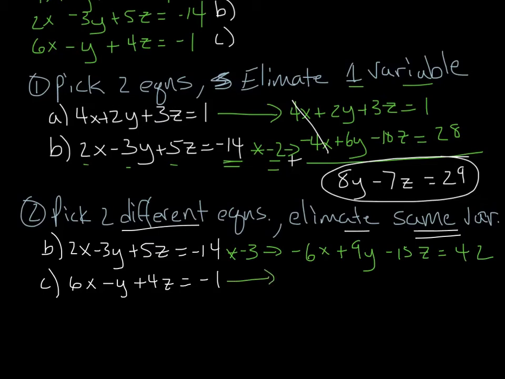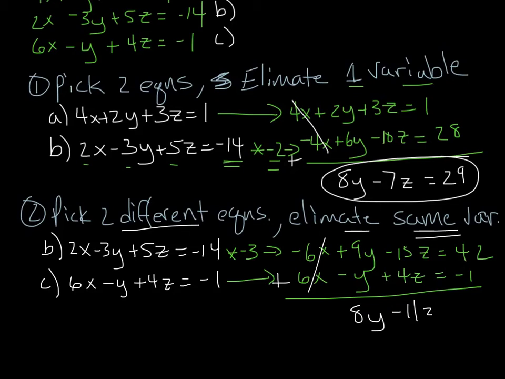And see what that did. 6x, those are the ones that are going to cancel, minus y plus 4z equals negative 1. So the top one I multiply, the bottom one I leave alone. So let's add. X's cancel, have to. I got rid of x in step 1, I got to get rid of x in step 2. 8y minus 11z equals 41. And there's my answer to step 2.